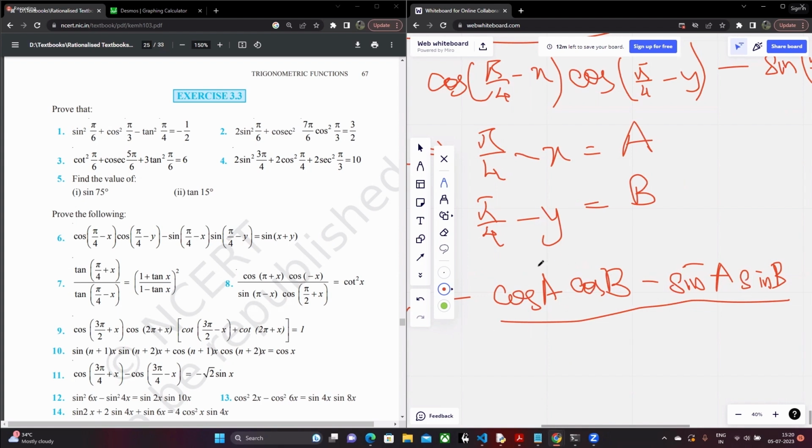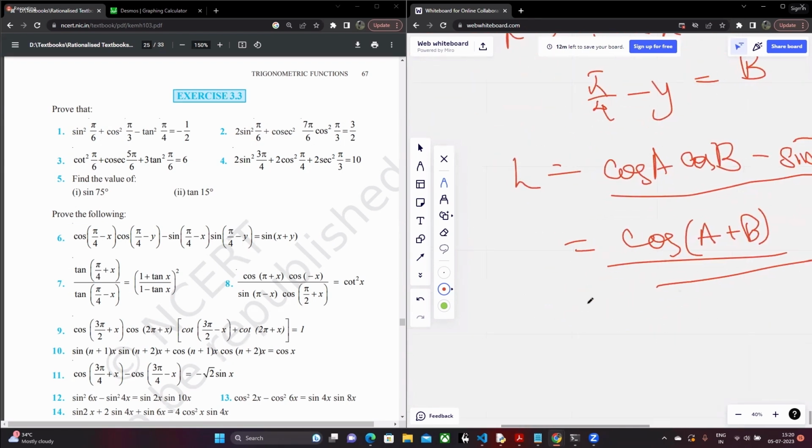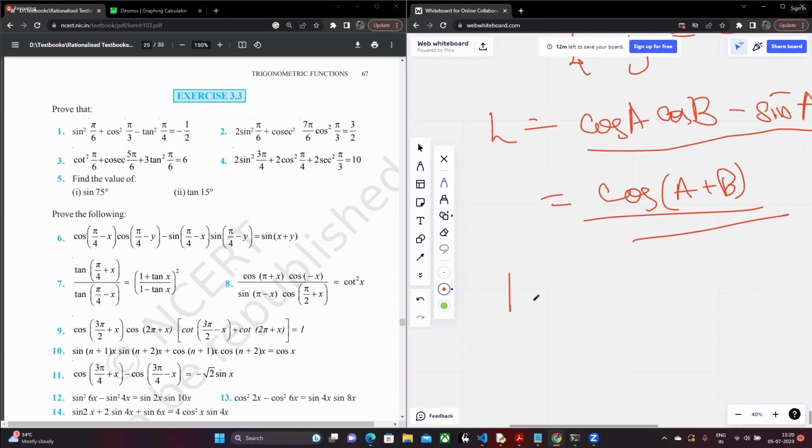Since I've basically substituted A and B for x and y, this is basically equal to cos of A plus B, back substituting A and B.